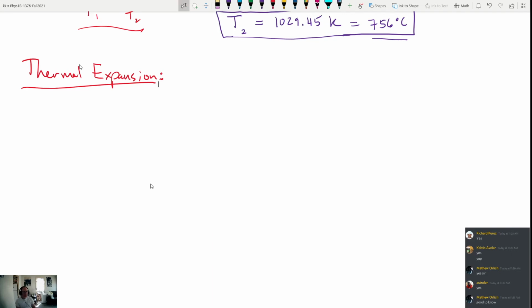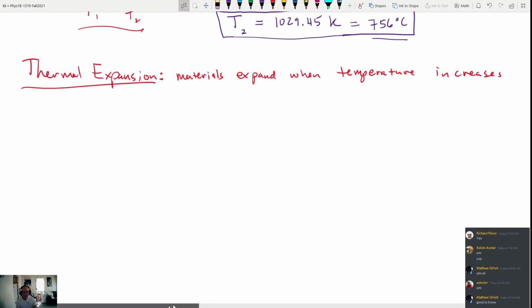So as we said earlier, most objects, when you heat them up, tend to expand. And we can categorize exactly how much they expand.